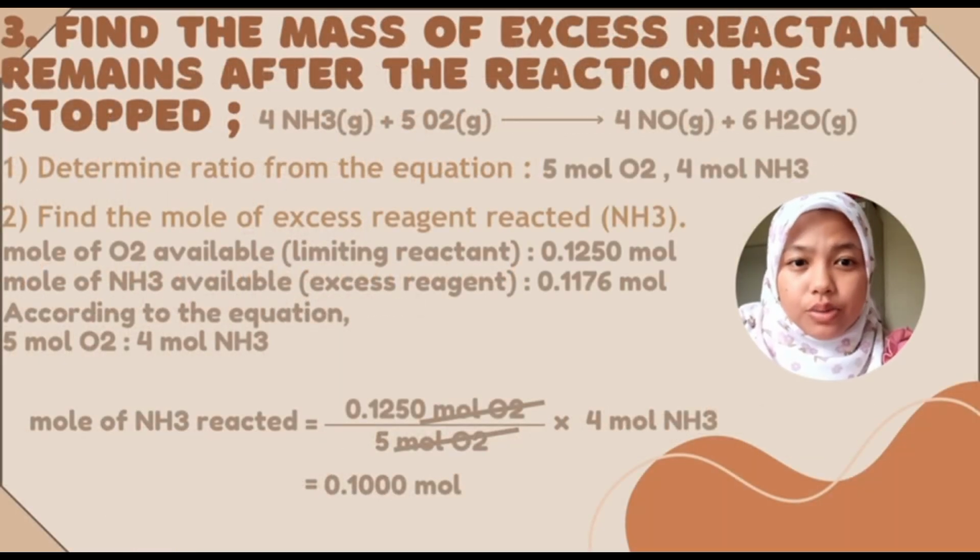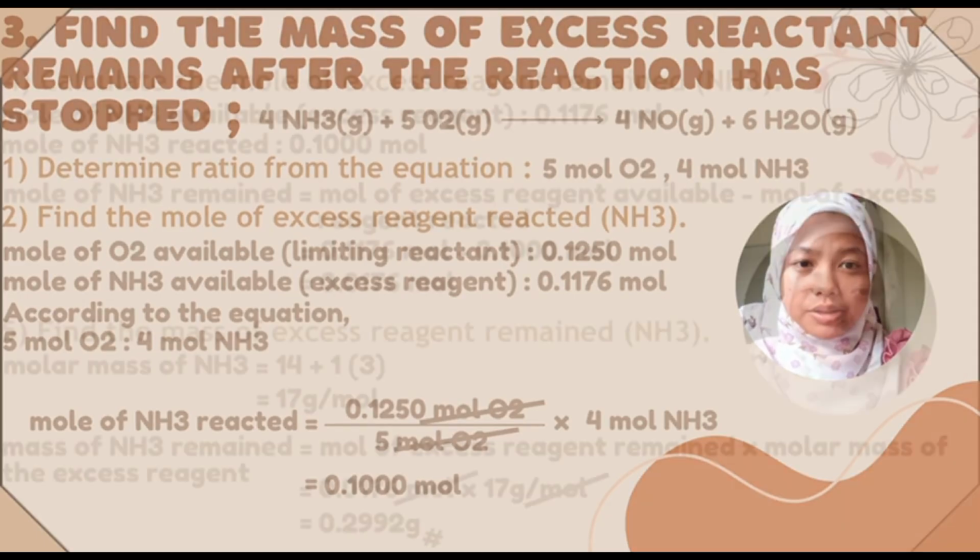For the last question, the question asks to find the mass of excess reactant that remains after the reaction has stopped. First, we have to determine the ratio from the equation. Second, we have to find the mole of excess reagent, which is the mole of ammonia that reacted, by using the mole of oxygen available and the mole of ammonia available.